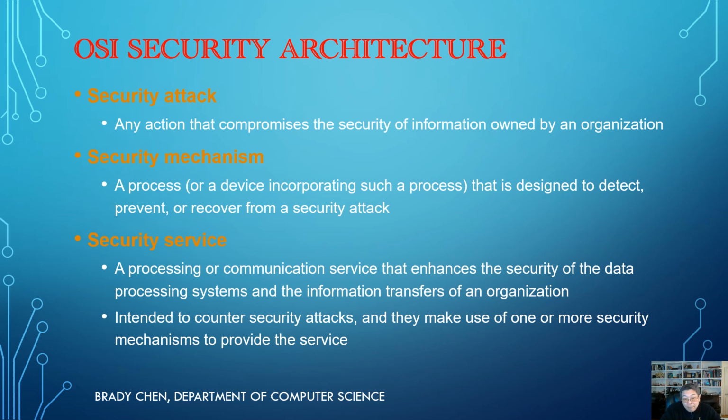Now, to effectively assess the security needs of an organization or a company, and to evaluate and choose various security products and policies, people who are responsible for security need some systematic way of defining the requirements for security and characterizing the approaches to satisfying these requirements.